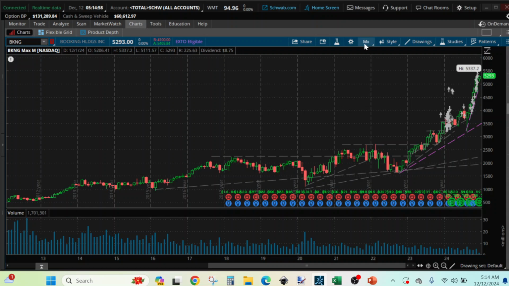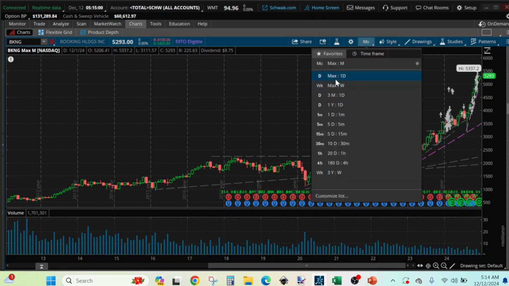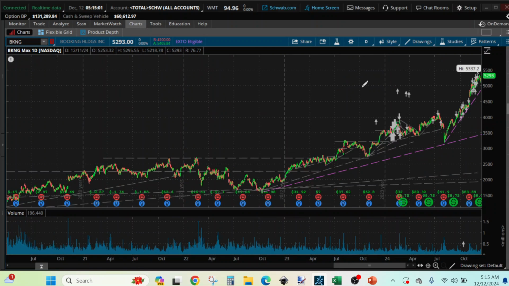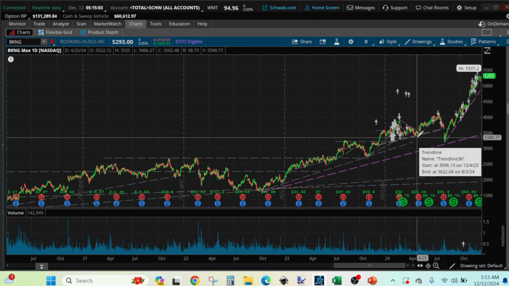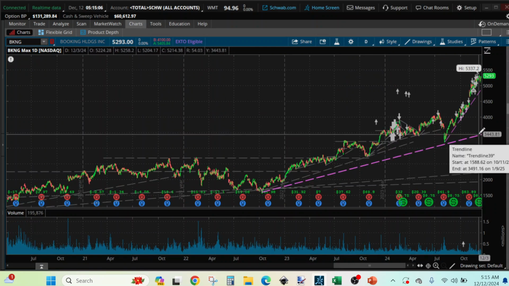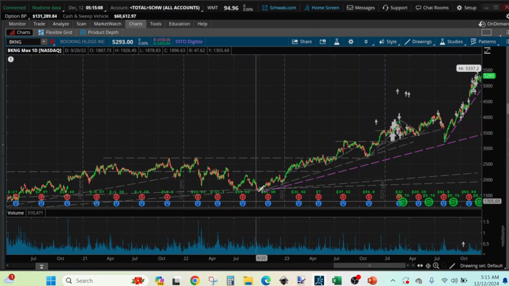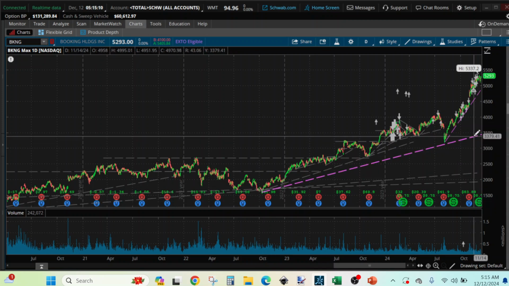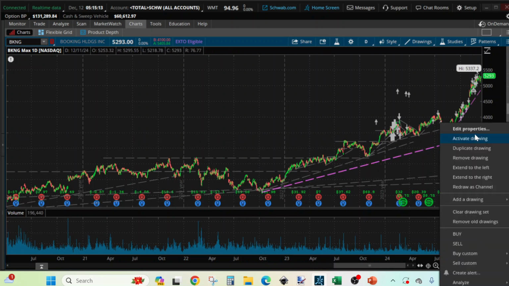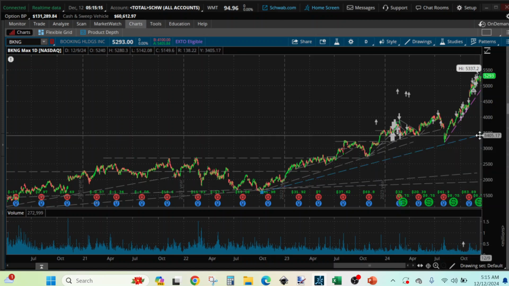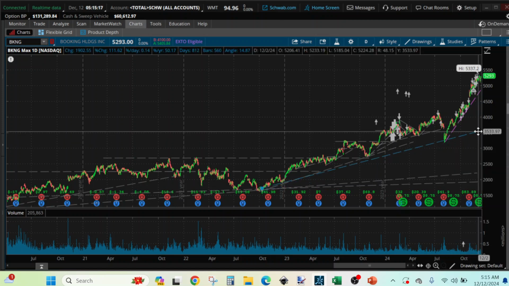So we are going to go to the maximum daily chart. If it's going to fall to one, it's going to be this one. Now that we are on a daily chart, let's try to adjust it a little bit more.